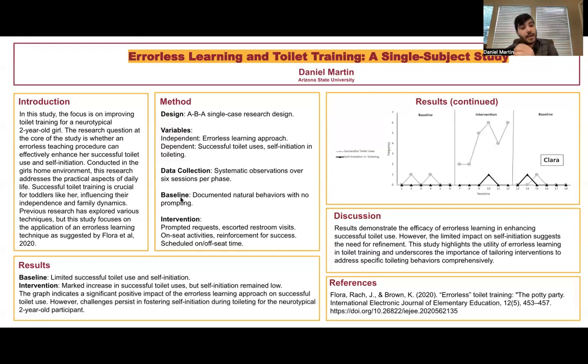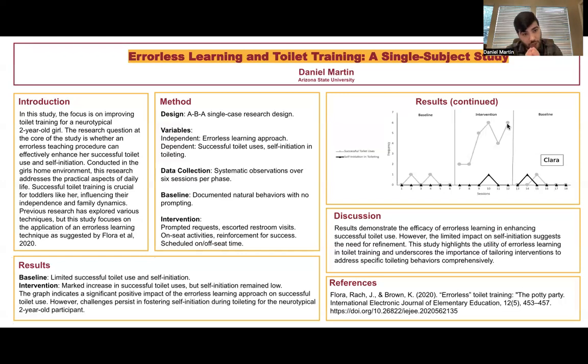Once I started my intervention, the behavior of successful toilet uses increased a lot. If we look at the graph over here, these are the successful toilet uses. They increase tremendously after the intervention.